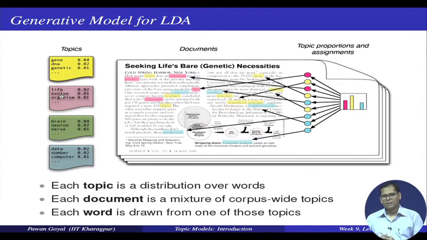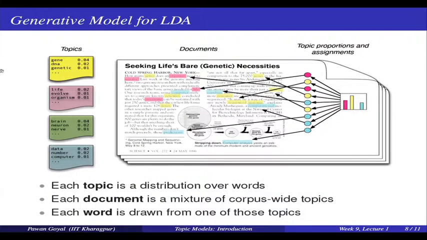You sample this topic. Now, from this topic you have to generate a word. How do you generate a word? Again, this topic is what? A probability distribution over words. Think of it as a multinomial distribution. Again, sample a word from here, and that is what you will generate in the document. And this you will keep on doing for generating all the words in the document.